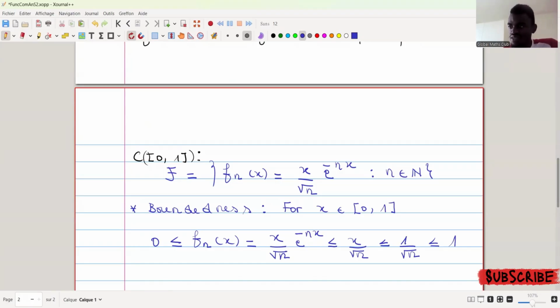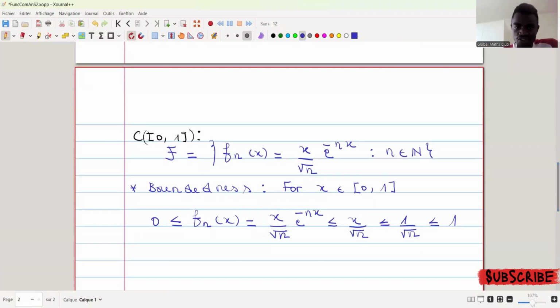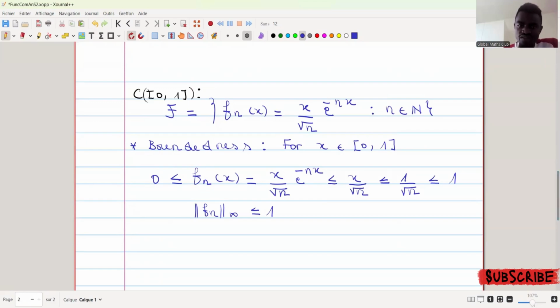So if you take the supremum, the supremum of this is less than 1. And this is for any function in the family of continuous functions. So if this is finite, then the family of functions is bounded. I hope that everything is clear here. If it is clear, we can continue.